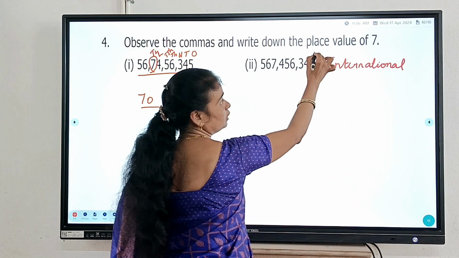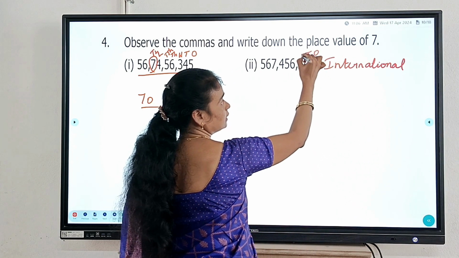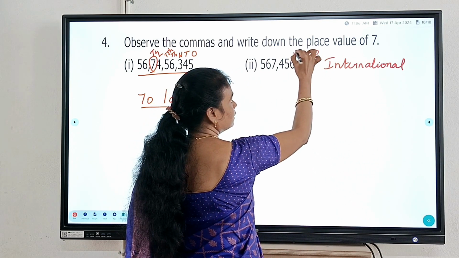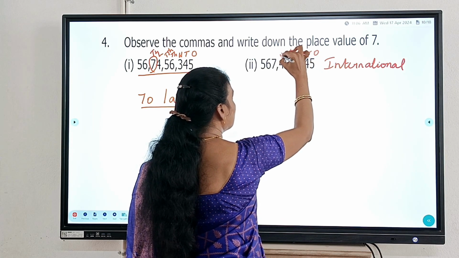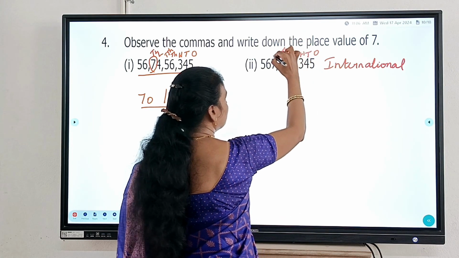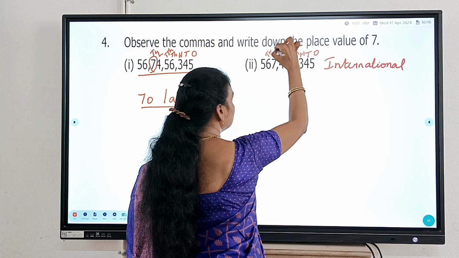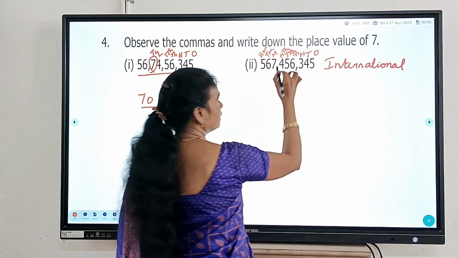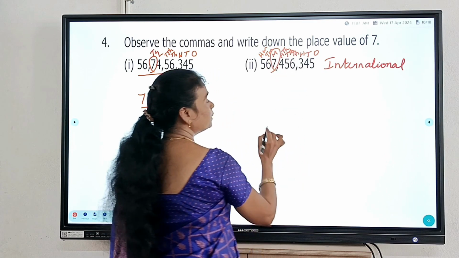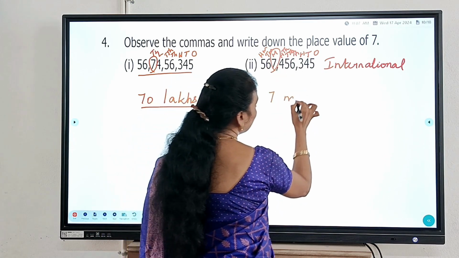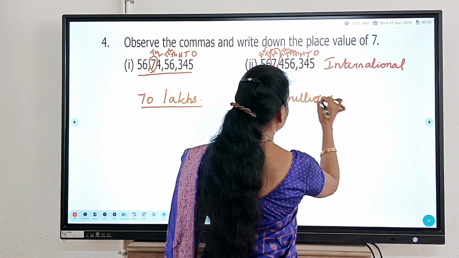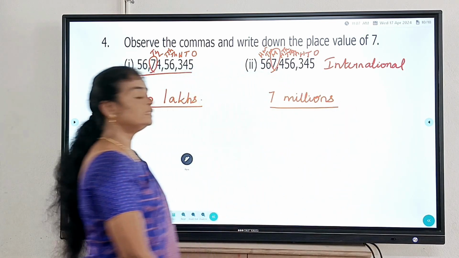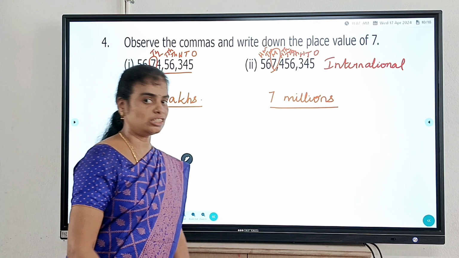The first is ones, second tens, hundreds, thousands, 10,000s, 100,000s, millions, 10 millions, 100 millions. So 7 is placed in the millions place. So the answer is 7 millions. Understood?